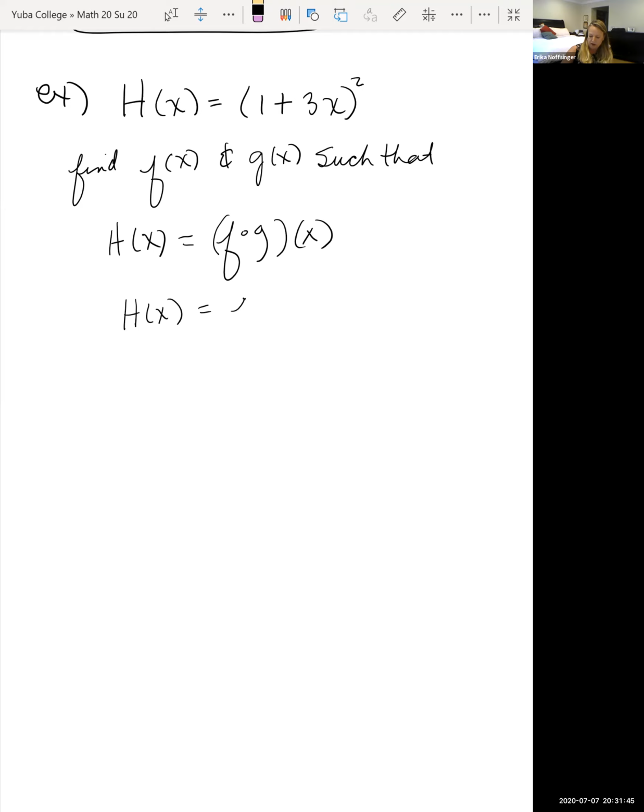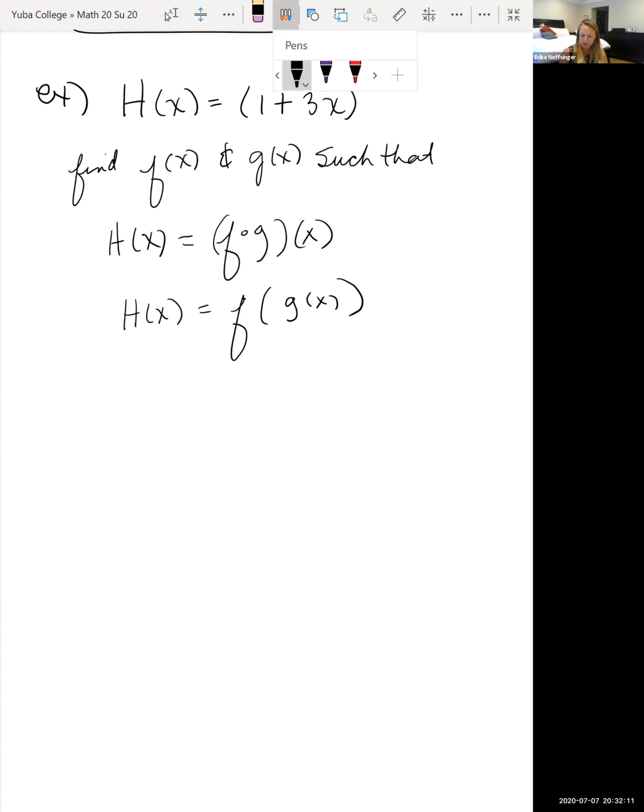So I go and pick out what is my inner piece. Typically, if you have parentheses or something repeating itself in your function, choose that to be the inner piece. So in this case, I only have one grouping, so I'm going to choose my inner piece to be what's inside that parentheses.